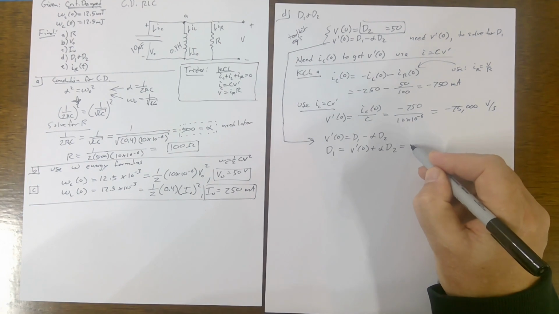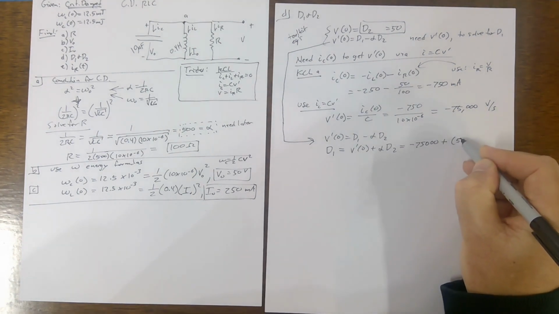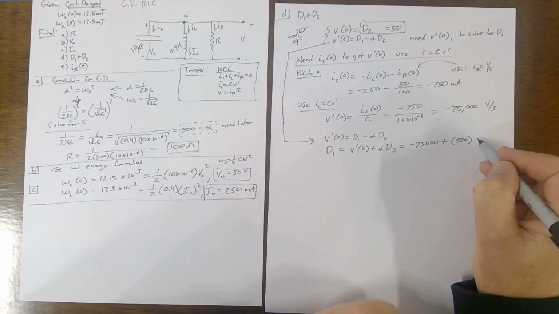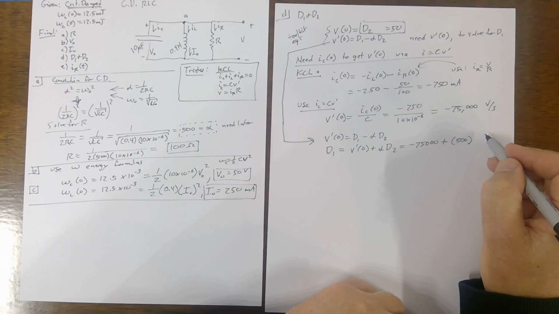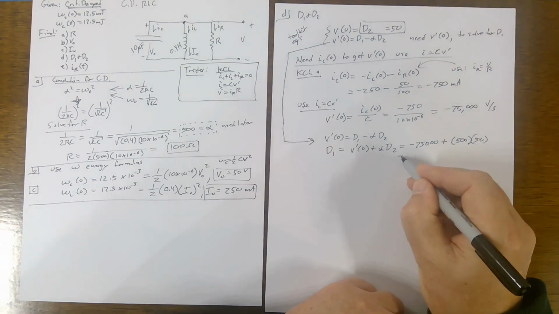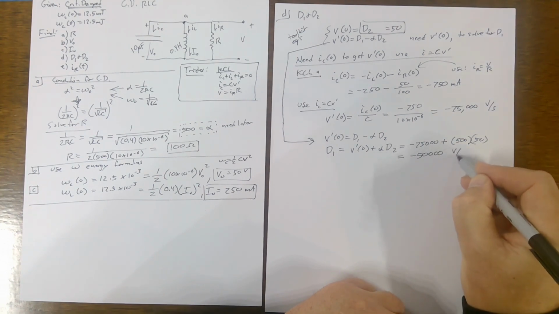It equals minus 75,000 plus, alpha's 500, and D2 is up here, times 50. So D1 is going to be minus 50,000 volt-seconds.